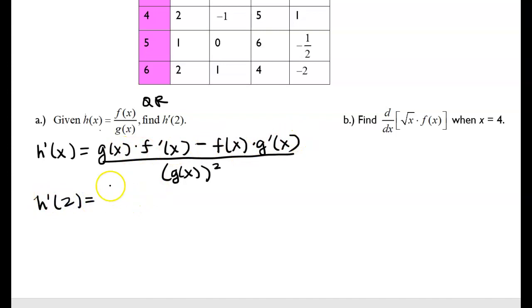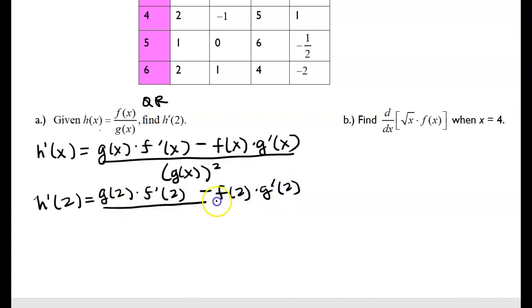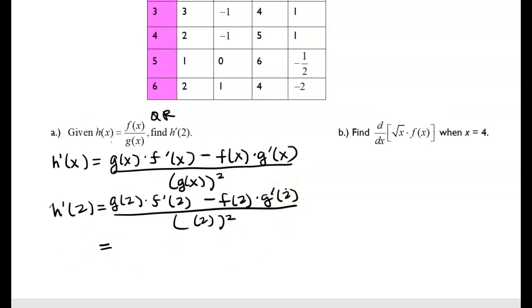So I'm just going to evaluate all of these at x equals 2. You don't necessarily need to write this part out, but it's going to help you keep track of your terms. Also, if you had other functions in there that had actual x values, like square root of x or something, you would want to go ahead and plug it in. So now I'm going to look up at the table for my values at 2.